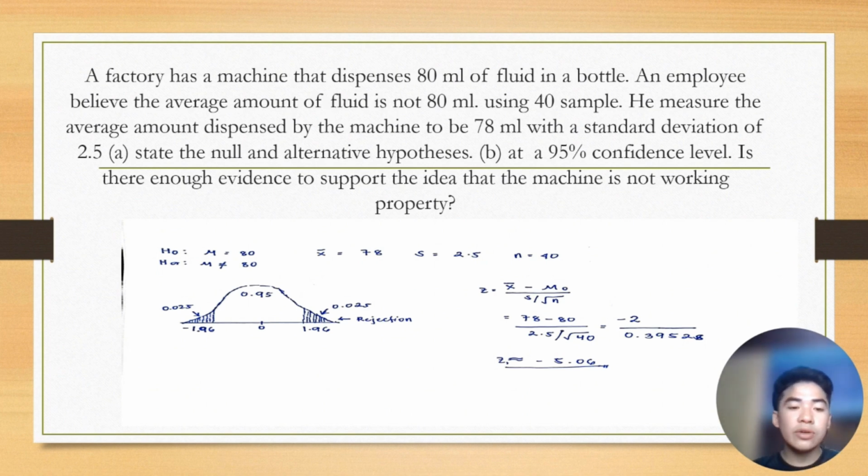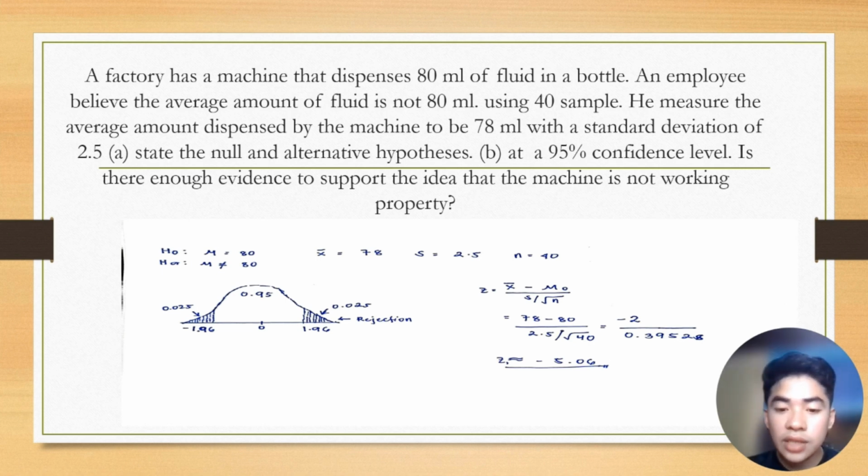So H0 is mu equal to 80 and H1 is mu not equal to 80. So x-bar is equal to 78, s is equal to 2.5, and n is equal to 40.